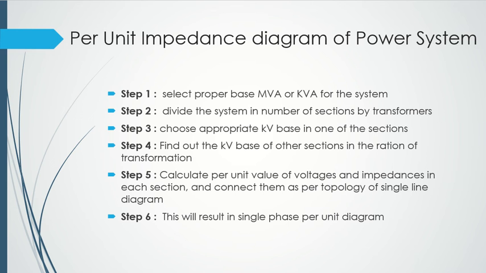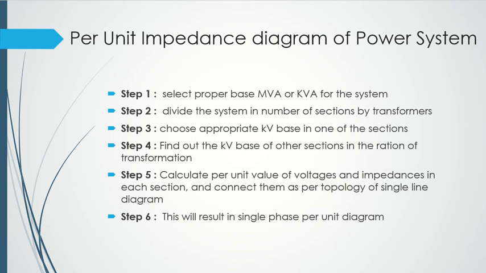Sometimes if we have 2 transformers, we divide the system in 2 plus 1 equal to 3 parts. If we have 3 transformers, we divide it in 3 plus 1 equal to 4 parts. Sometimes we divide the system in the number of transformers we are having, so if I'm having 3 transformers, then I will divide my system in 3 parts.